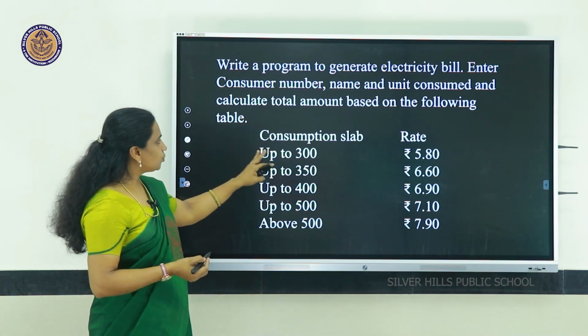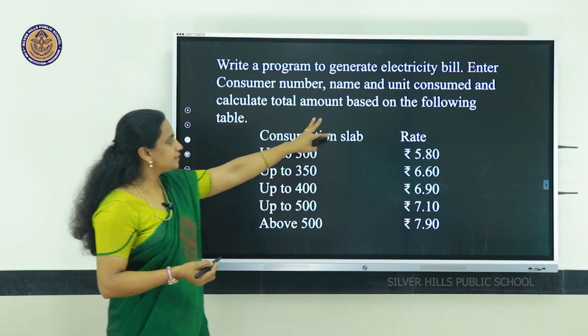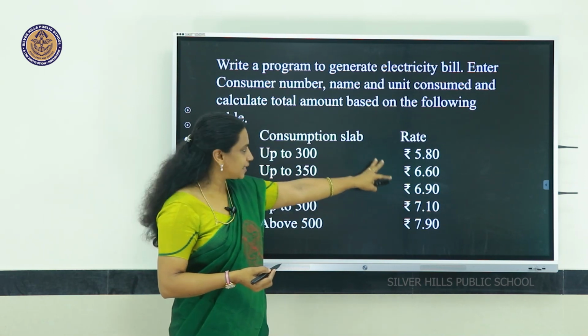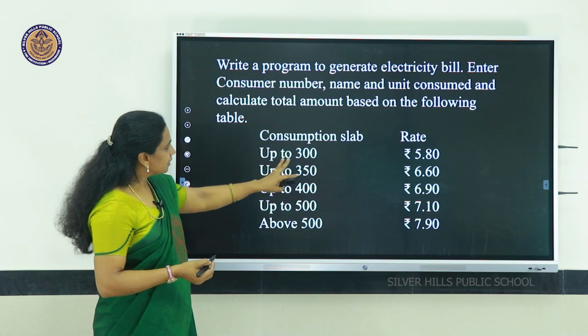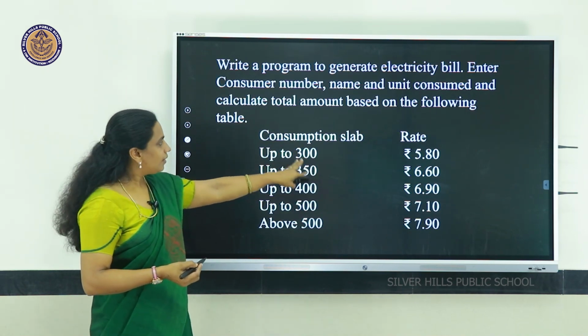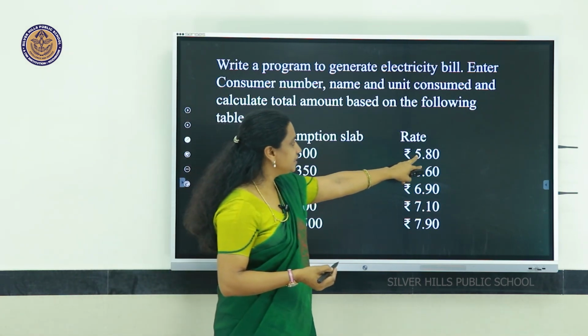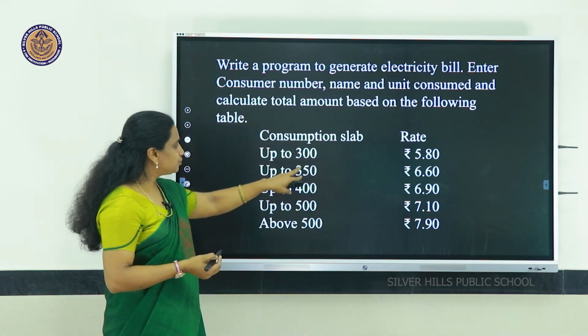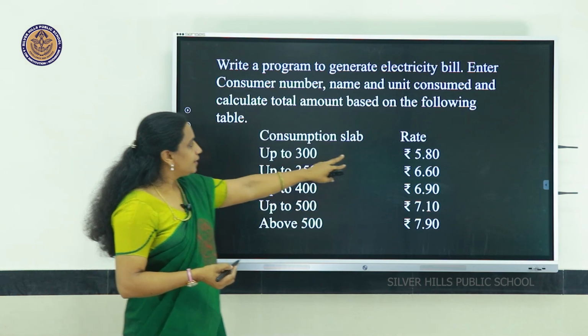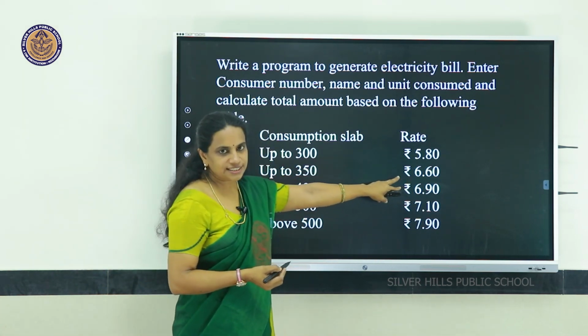Okay. Just to go through the consumption slab and right side the rate is given. This I have copied from the net. Okay. The consumption is up to 300, but the rate the board is charging is 5.80. Now if it is up to 350, the rate is 6.60.